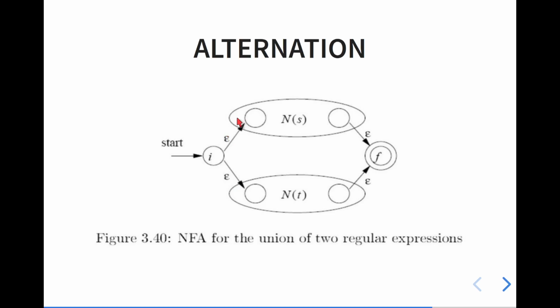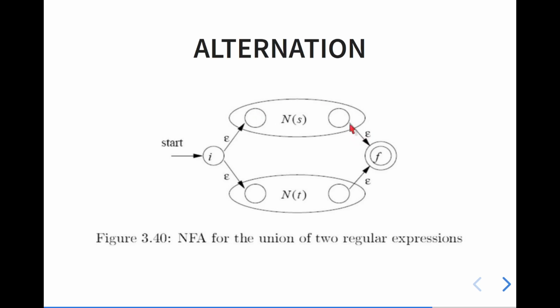And so this is why non-determinism is easier to model, because we don't have to think about all the interaction between those two sub-expressions. We can just say, let's explore both states at the same time. And then if one of them kind of wins, one of them matches, then the other one will just go into a state that isn't an accept state.